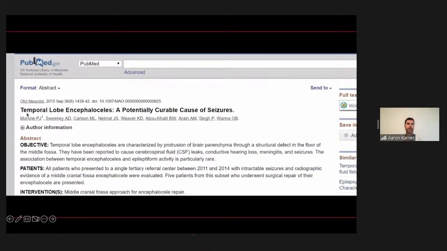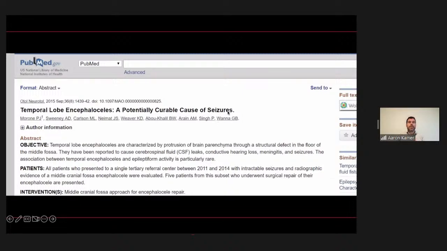So this is something that I want to make sure all of us are aware of: these temporal lobe encephaloceles. We call them simply cephaloceles if we're not sure if they contain brain parenchyma. If they definitely do, you can call it an encephalocele. And those are much more suspicious as epileptogenic lesions. But these are potentially resectable.